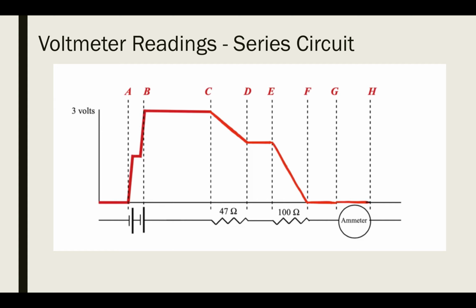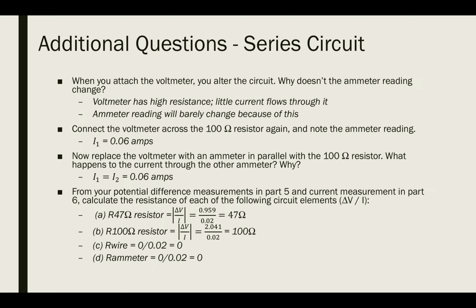You can see that the battery raises the potential and resistors lower it, while the ammeter and wires do not affect the potential. This again makes sense with what we have stated about our physics principles. We also know that in this simulation, the ammeter and wires will be treated ideally as having a resistance of 0. So again, this graph aligns with our expectations.